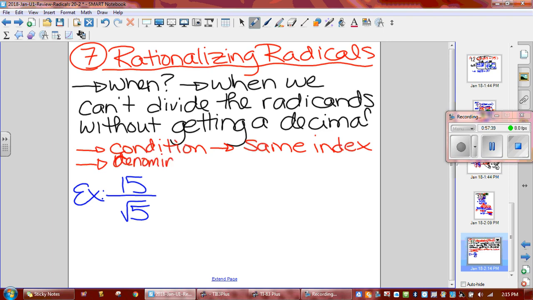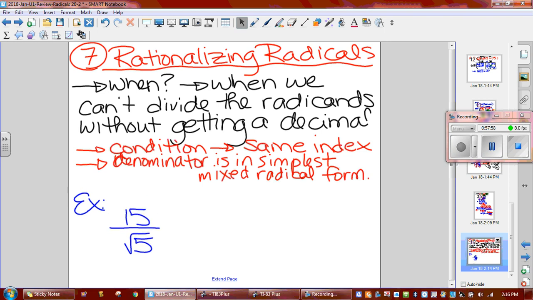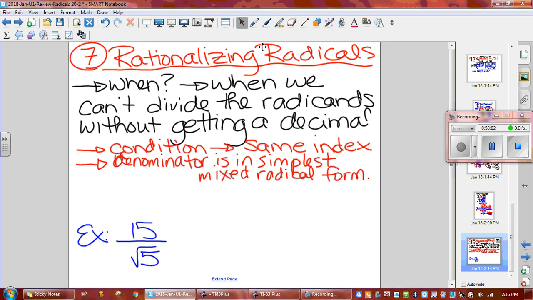Now, something else we have to note, when it is in simplest mixed radical form, we also have to make sure that we only multiply the fraction, meaning top and bottom, both top and bottom, by the radicand.